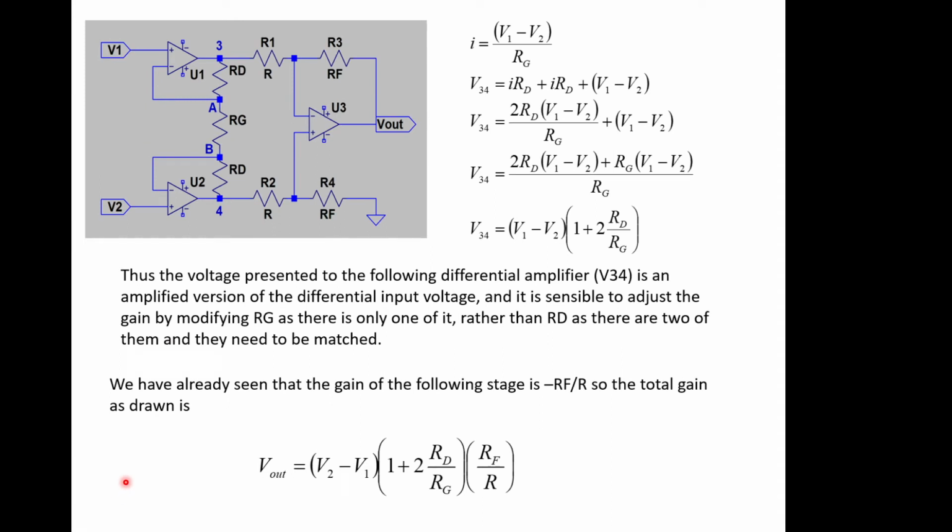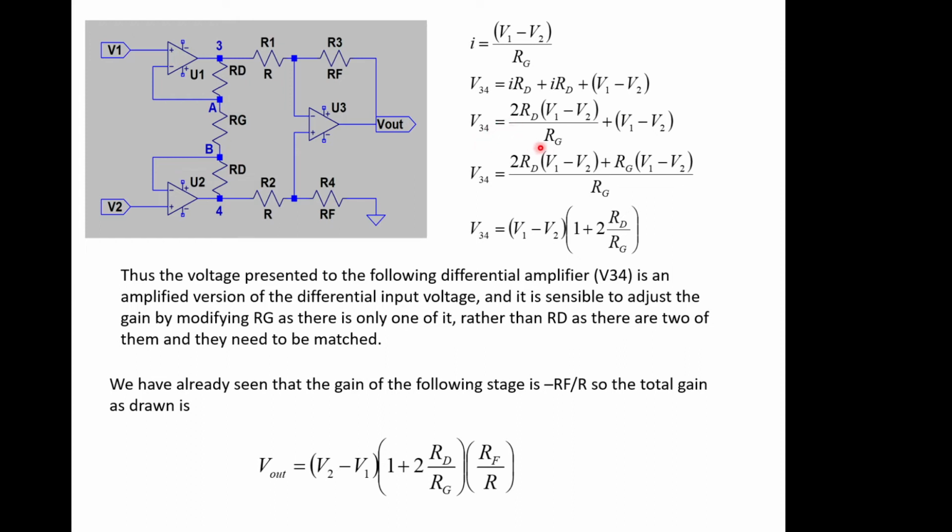And then if you want to do the maths to show what's going on at that point, you can say that I through here is going to be V1 minus V2 over RG, and then you can work out the voltage between points 3 and 4 on here, because it's I times RD plus RG plus RD, which is the voltage across the whole chain.